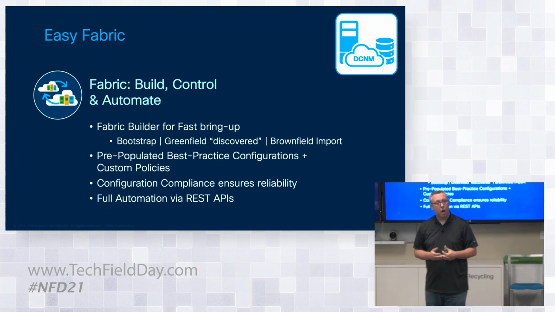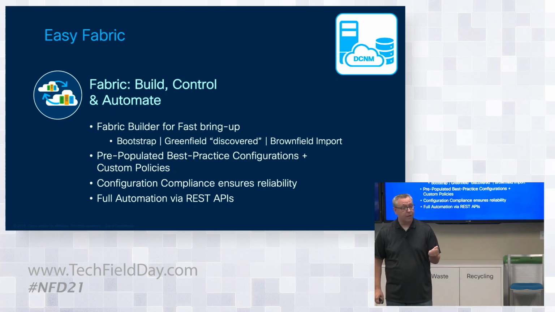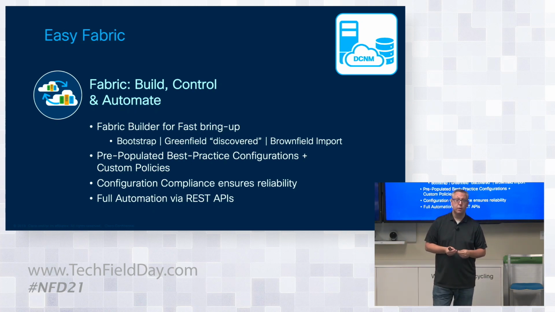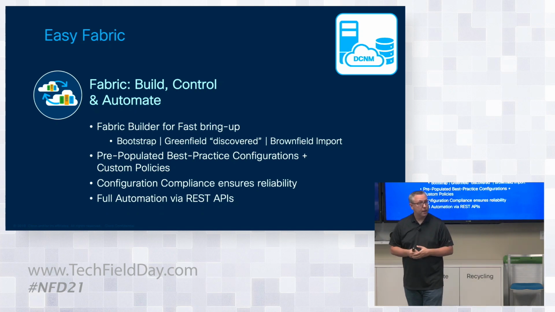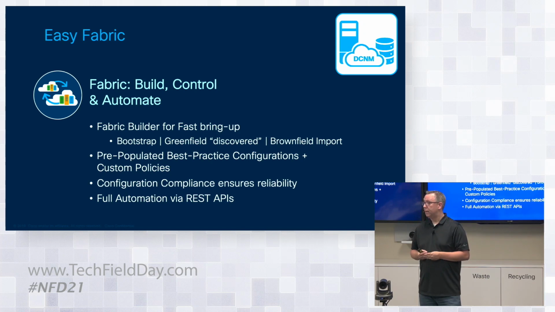We take IP addresses for point-to-point routing and populate them into the resource management we have in DCNM. We take your OSPF, your IS-IS configuration. We look at your EVPN configuration, your VNIs, the networks and VRFs you deployed, and we show you that in DCNM once we've imported it.